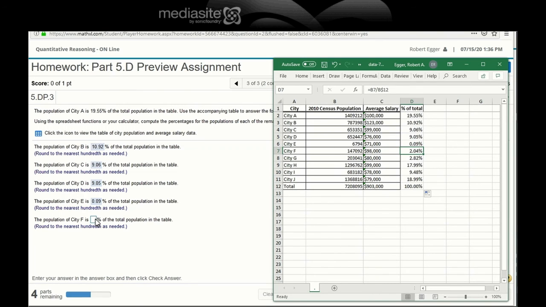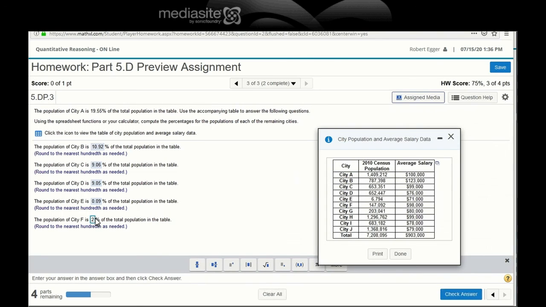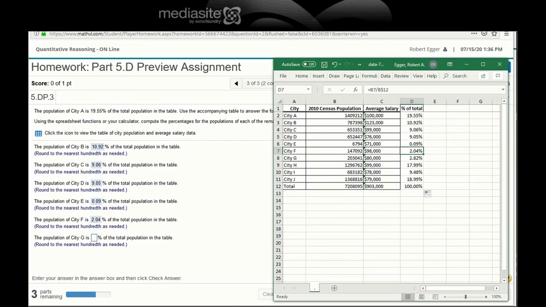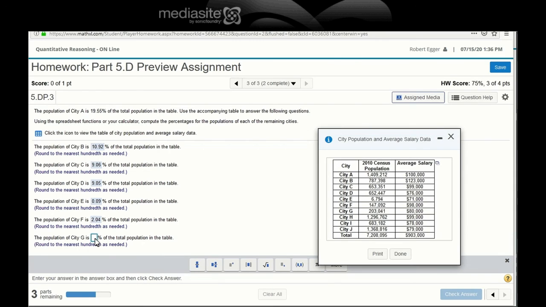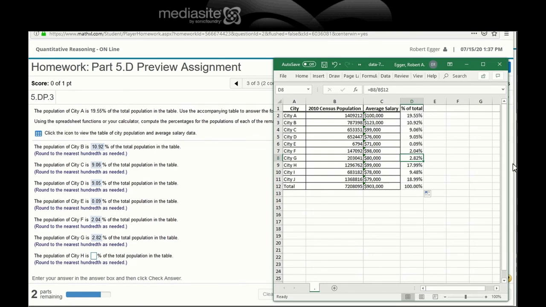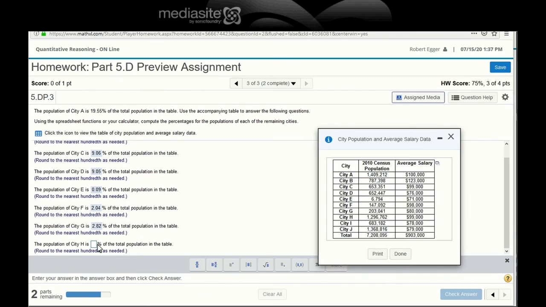City F, 2.04. City G, 2.82. City H, 17.99.